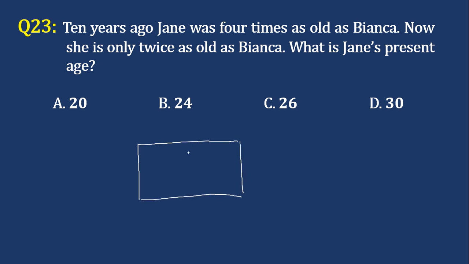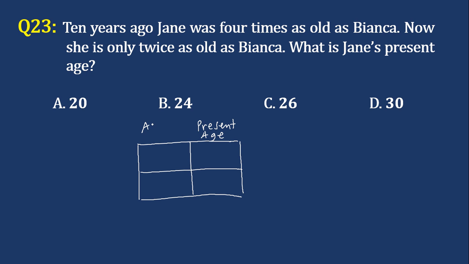Okay, so let's divide this into two columns and then two rows. So let's have the second column, the column for present age, and then the leftmost will be the column for their ages 10 years ago.